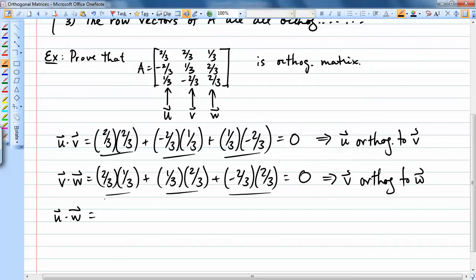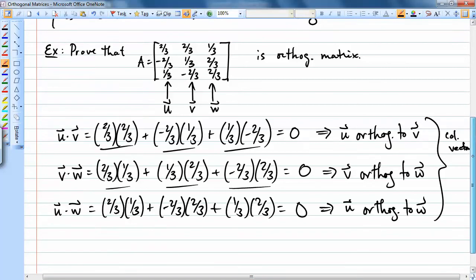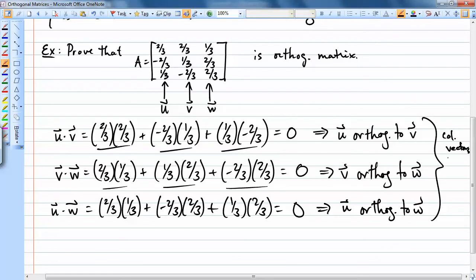U dot W would be 2/3 times 1/3 plus negative 2/3 times 2/3 plus 1/3 times 2/3, and this one's also 0. So now we've got U is orthogonal to W. So the column vectors are all orthogonal to each other.